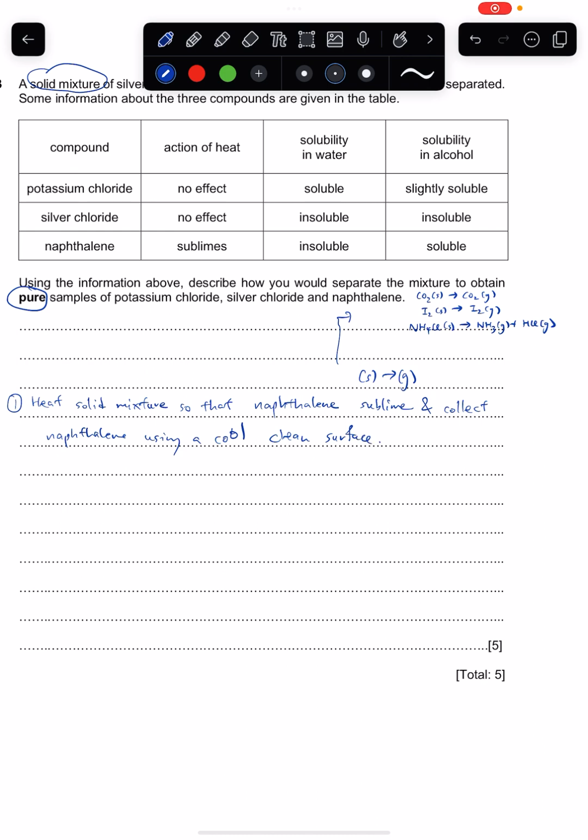So if you look at the textbook, they usually use an inverted filter funnel, something like this. Heat, then the solid will be formed here. So that is the textbook example, which is also correct, no issue. So by doing so, I have my naphthalene already. Then I'm left with silver chloride, potassium chloride. Then it's up to you.